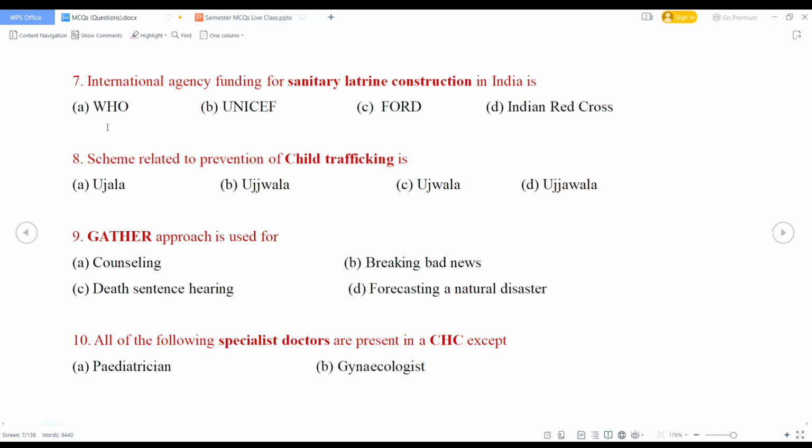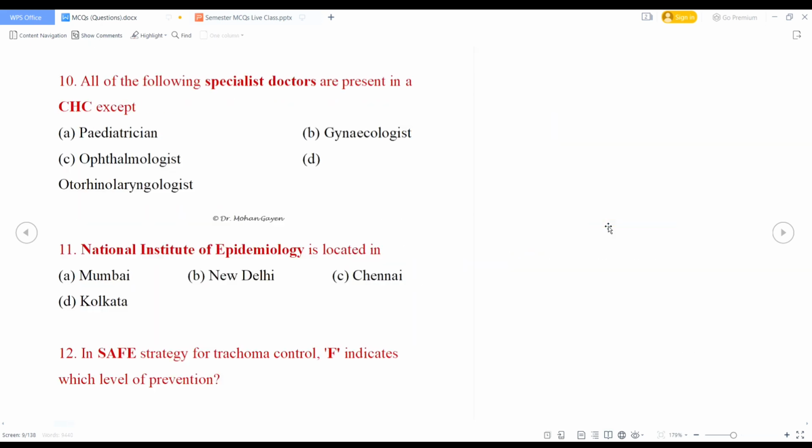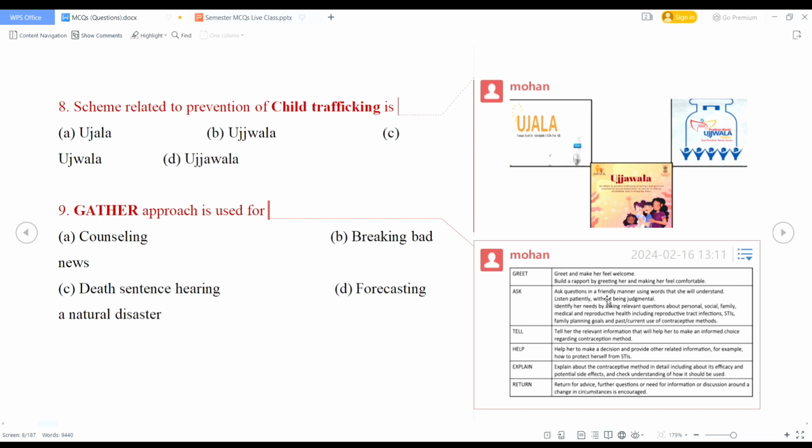Full form of gather: see the chart. G for greet, A for ask, T for tell, H for help, E for explain, and R for return. So gather approach is used for counseling.